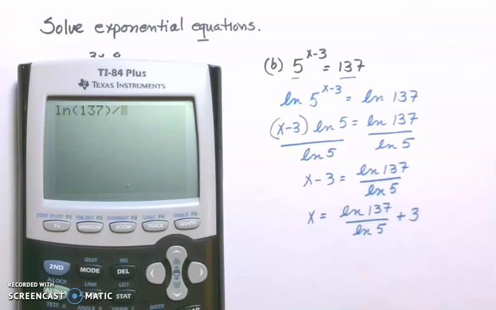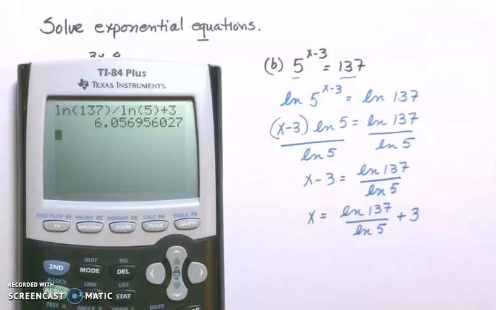Then divide that by the natural log, it opens parentheses again, put 5 and close the parentheses, and then add 3 to that. That gives us 6.056956027. We're going to express the answer in the terms that are stipulated in the problem itself.